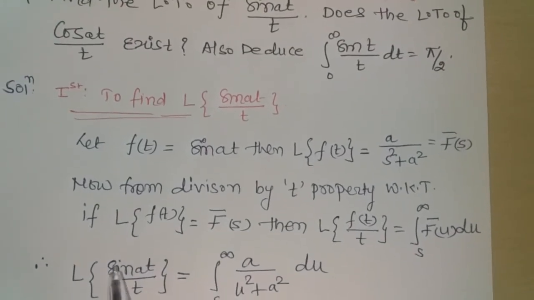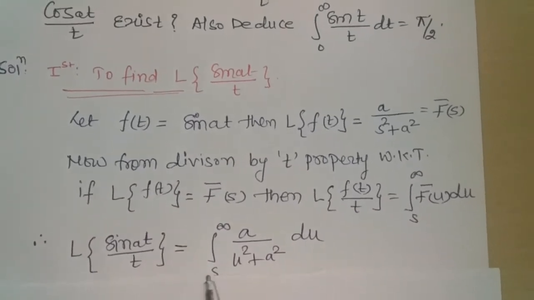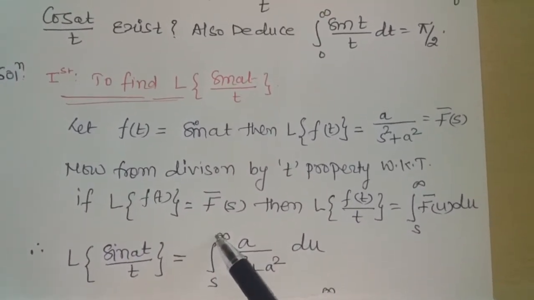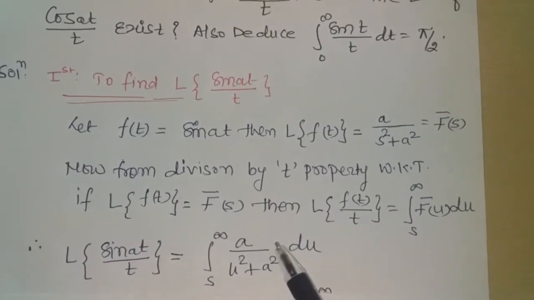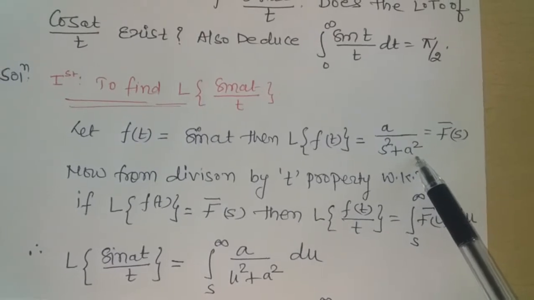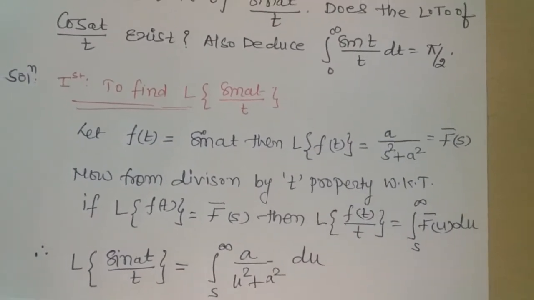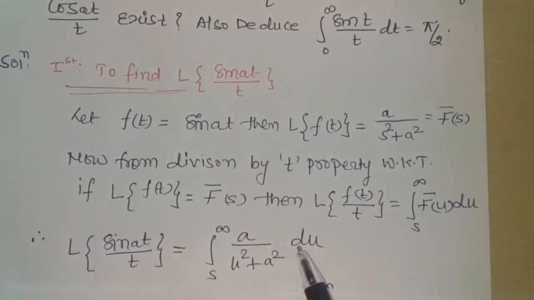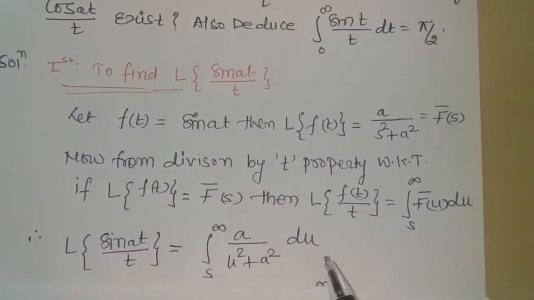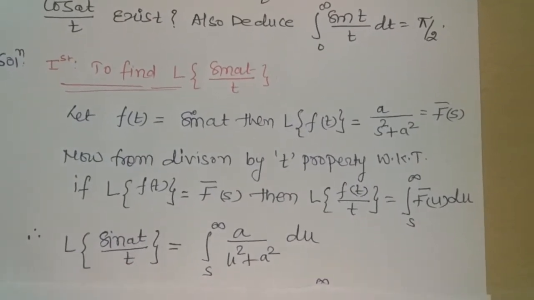Here f(t) is sin at, so the Laplace transform of sin at by t is the integral from s to infinity of f bar u. Since f bar s is a upon s square plus a square, f bar u is a upon u square plus a square, du. So this is the division by t property by which we get the Laplace transform of sin at by t.